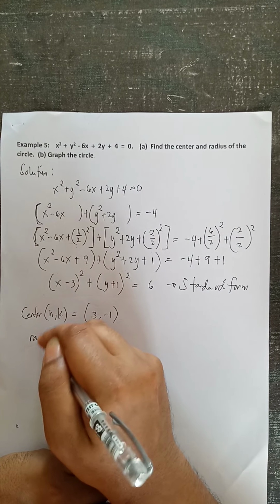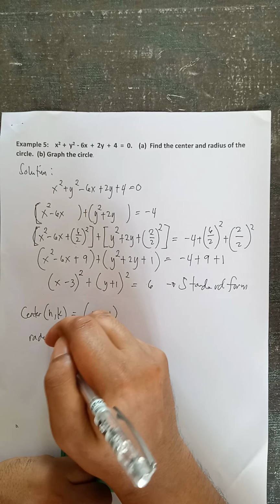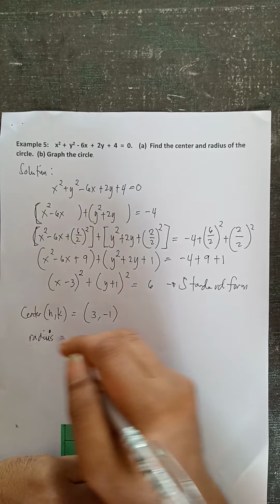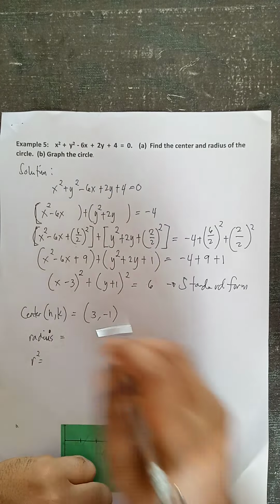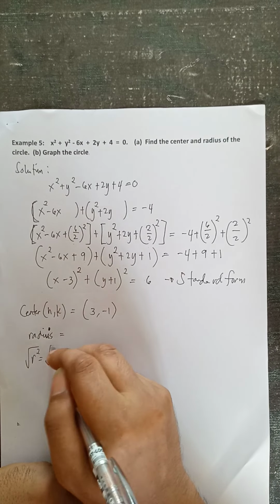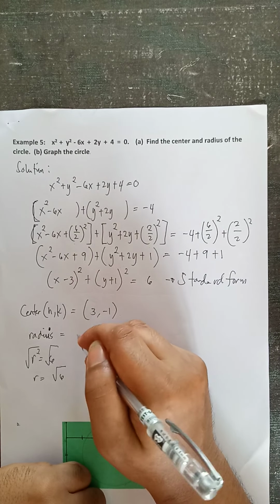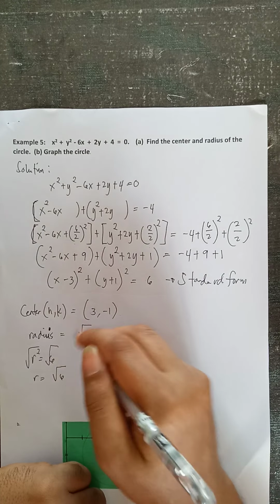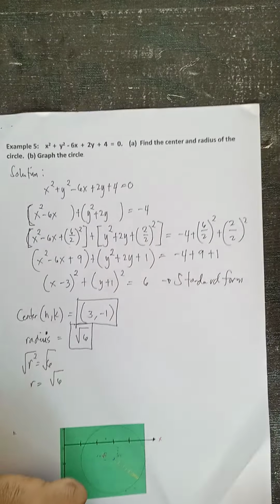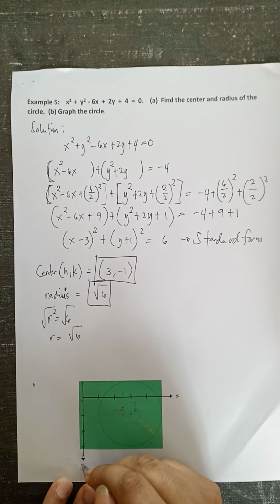For our radius, so we have r squared is 6. So our r is equal to the square root of 6. Mao na siya ang atong r and the center.